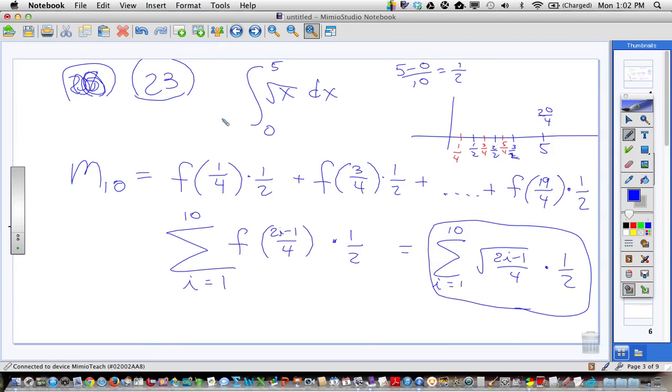Okay, but let's look at this. So we got our dx here. We got the square root of the messy stuff. That messy stuff is the x, so that's square root of x. Now we plug a 1 in. We get 2 minus 1 is a 4th... the first thing that got plugged in for the x is a 4th. The width is a 1/2. Oh yeah, this is a midpoint.